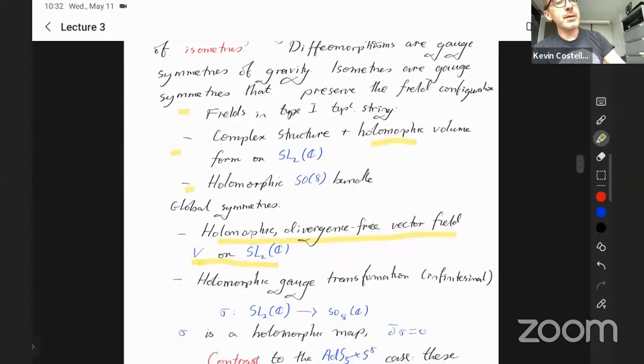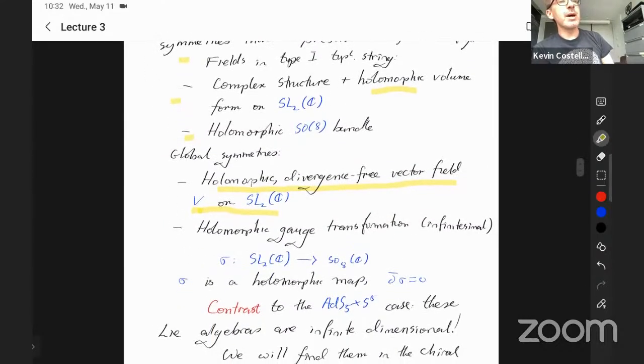Something that's a little easier to study is what happens for the open string fields in the type I string. There our gauge field describes a holomorphic bundle on the manifold. So those gauge transformations which preserve the holomorphic structure of the bundle are not constant, but rather they satisfy this equation.